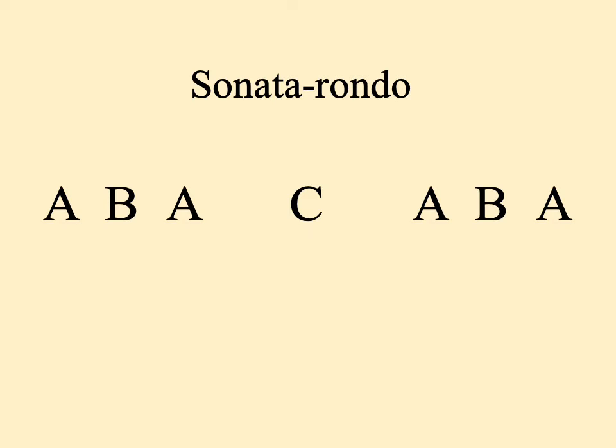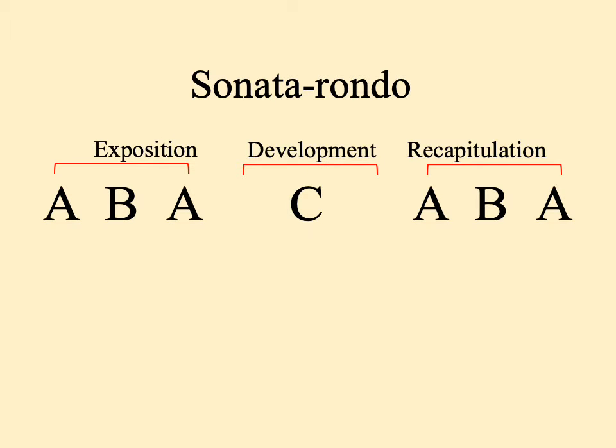Okay, so as we mentioned already, the ABA at the beginning is going to be grouped together to function as our exposition. Section ABA at the ending is going to be grouped together to function as the recapitulation, and section C will be used as the development section of our sonata form here. And this is how that's going to work.